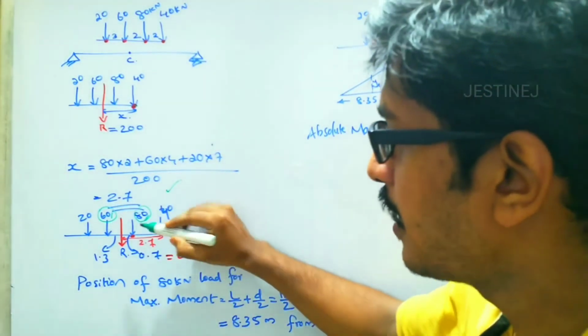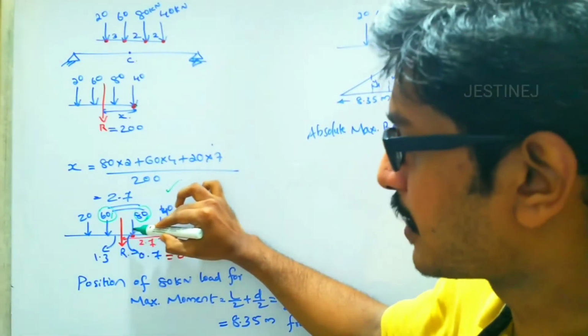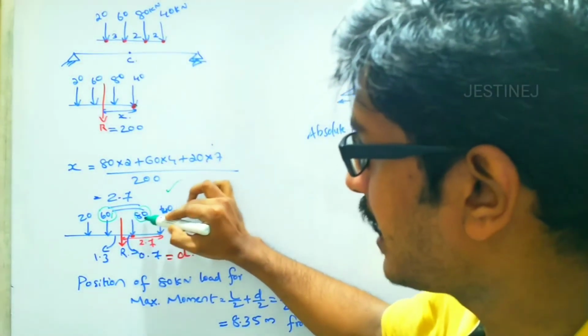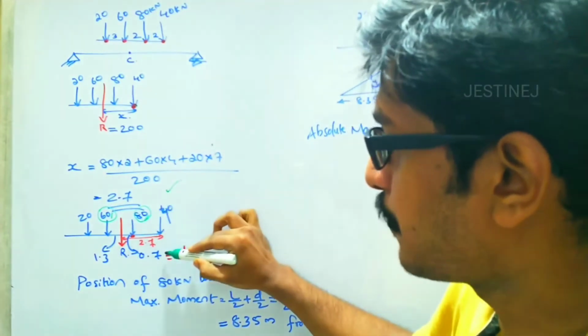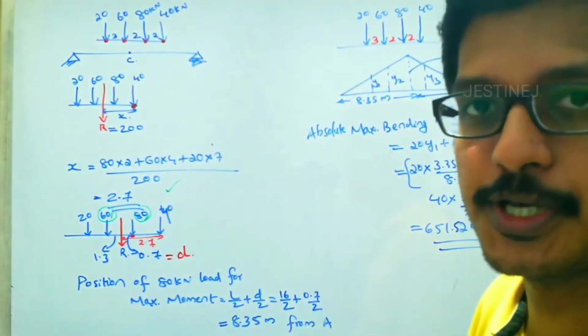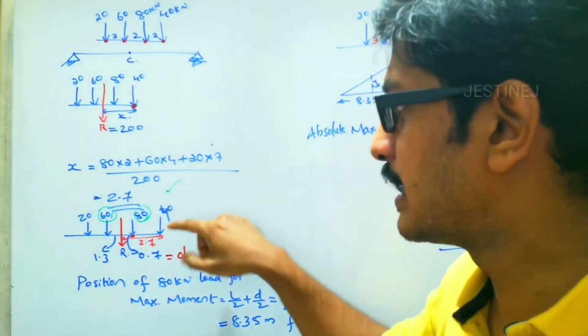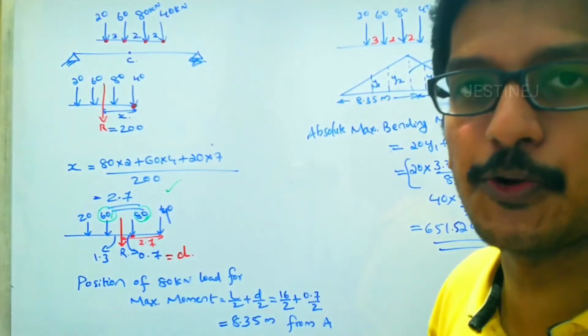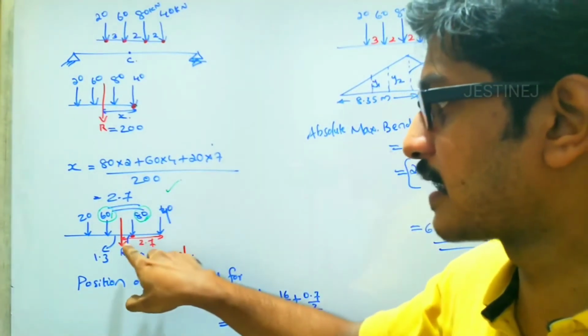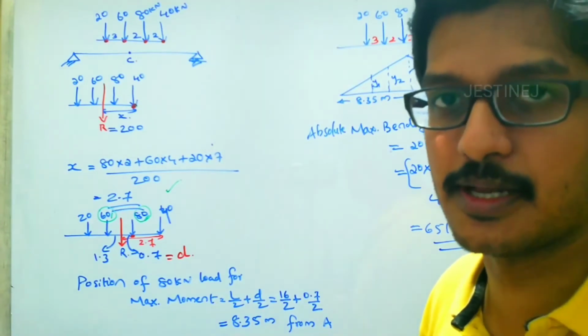Then you have to check which load the resultant is closest to. In this case, the distance between the 80 kilonewton and the resultant is 0.7, and between the 60 and the resultant is 1.3. So the bending moment will occur under the 80 kilonewton, since the resultant is closest to this 80 kilonewton load, which is one of the guidelines.